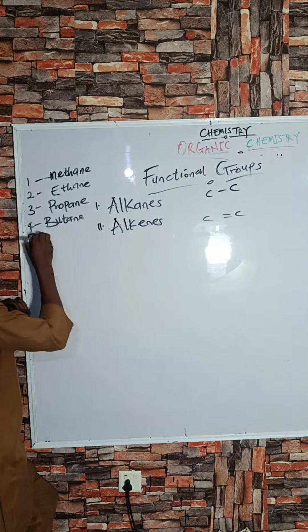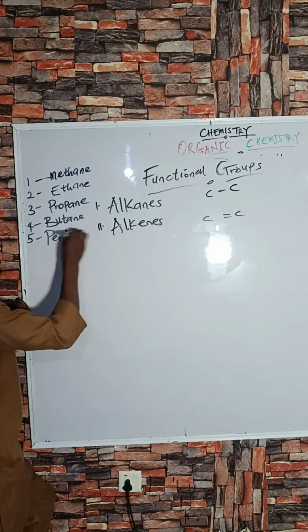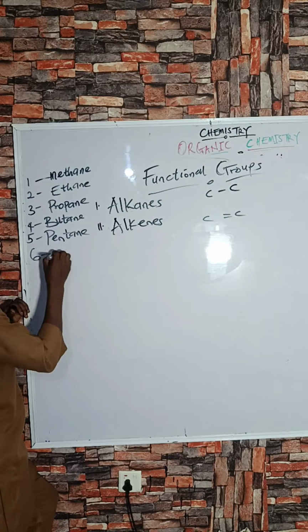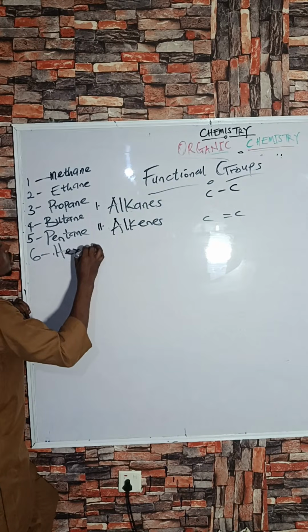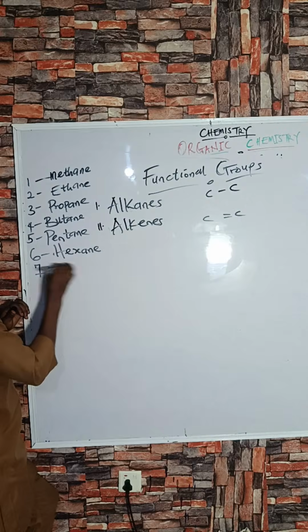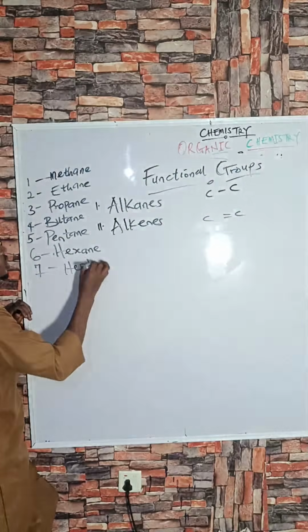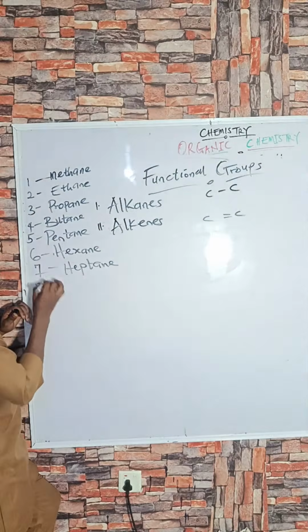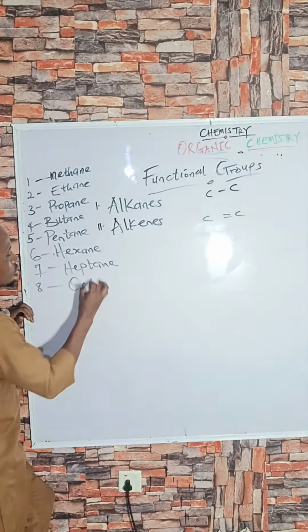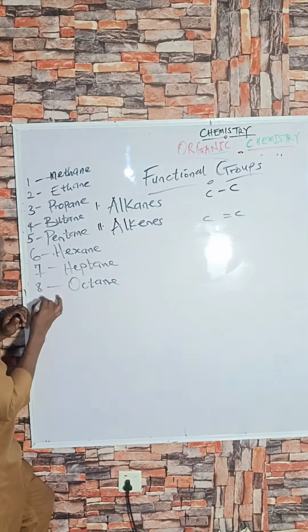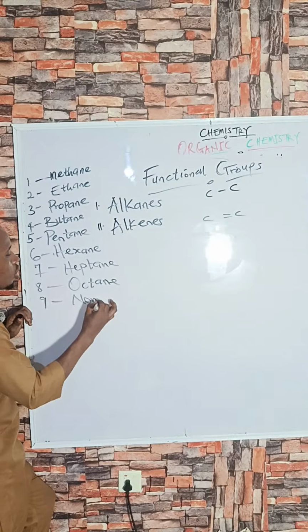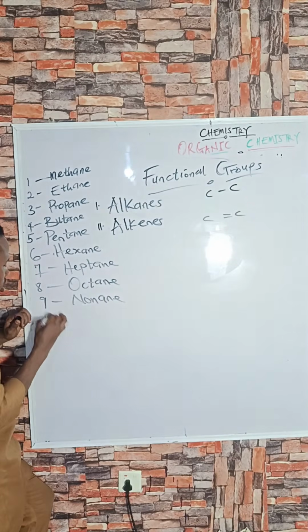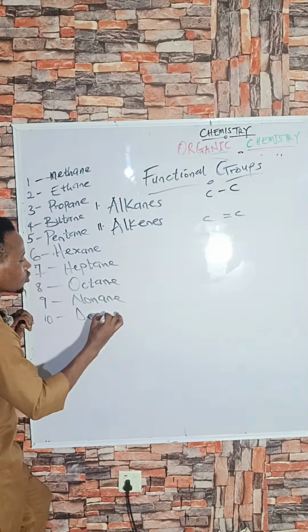If it is 5, I'll call it pent, so this is pentane. If it is 6, we call it hex, so this is hexane. If it is 7, we call it hept, which is heptane. If it is 8, we call it oct, so this is octane. If it is 9, we call it non, so this is nonane. And if it is 10, we call it dec, which is decane.